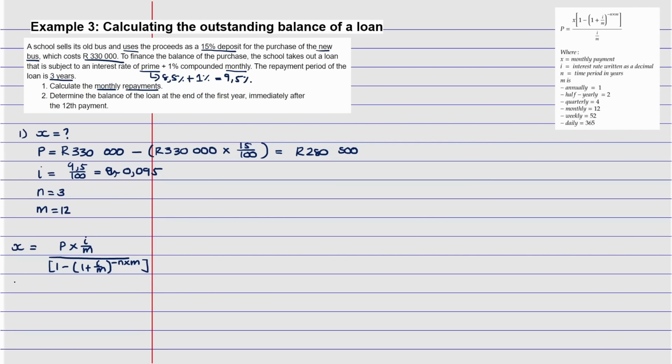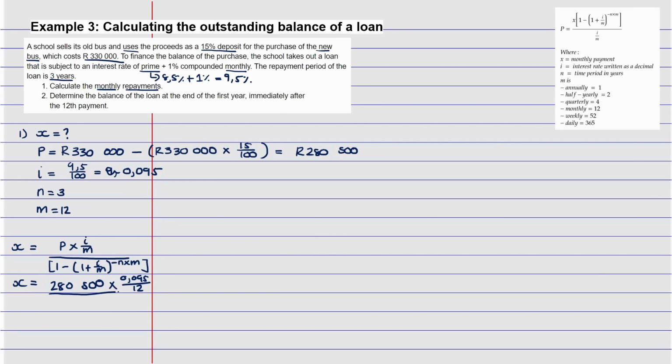Then substitute. So X is going to be equal to the following. It's going to be 280,500, multiplied by I, which is 0.095 divided by 12.